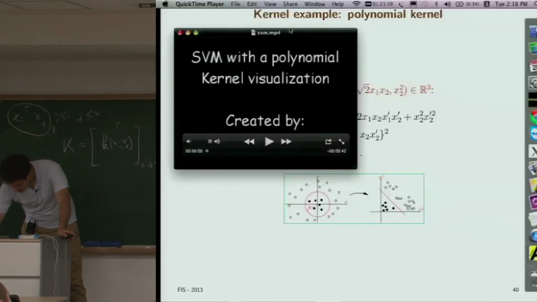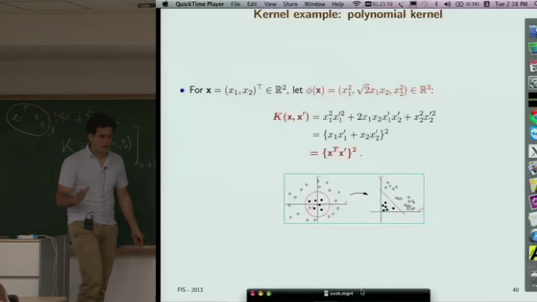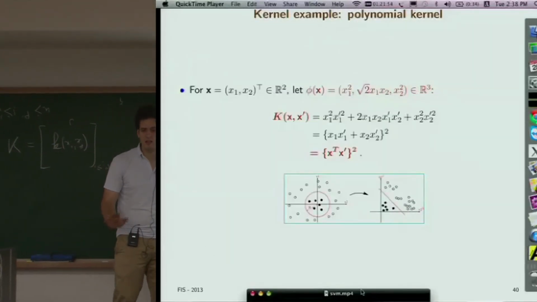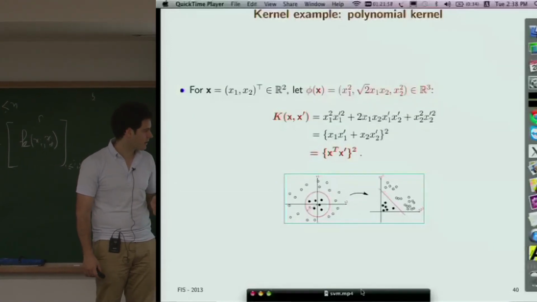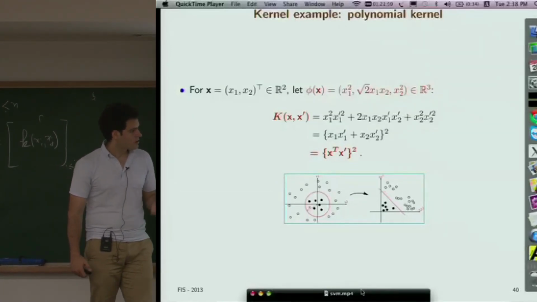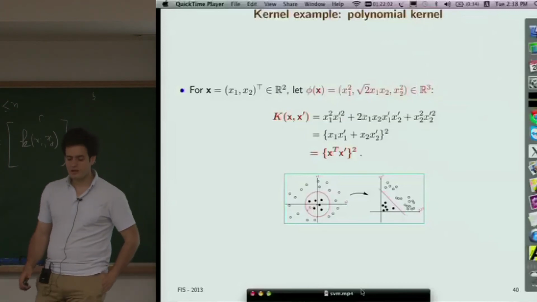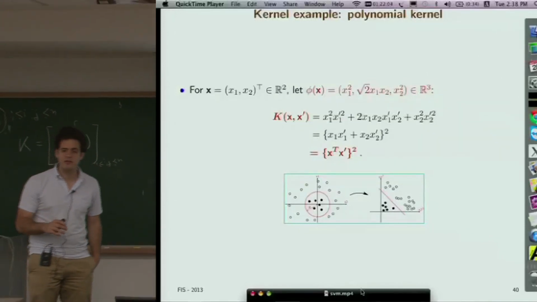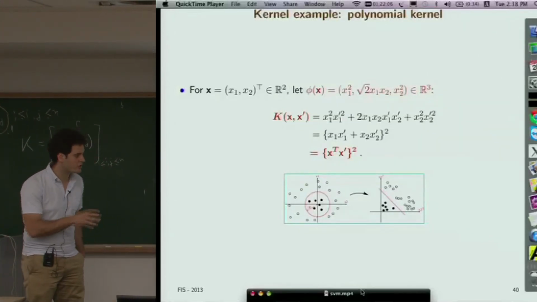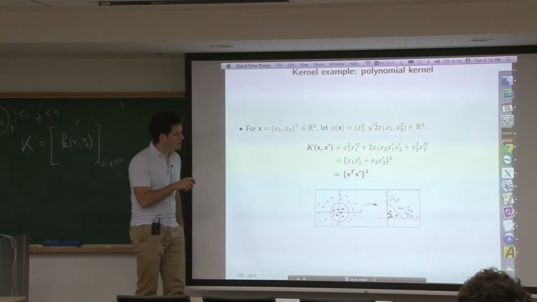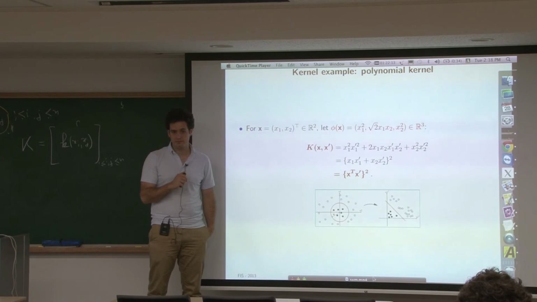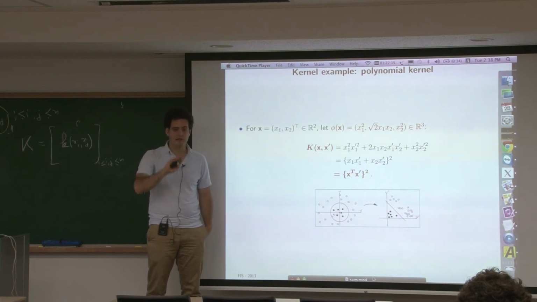Let me just first show you briefly why this can be interesting to do nonlinear classification. So in this case I will give you explicitly the feature vector, but I will never use it. I will just give it to you explicitly so that you can see. Suppose I have points x1 and x2 in the plane.